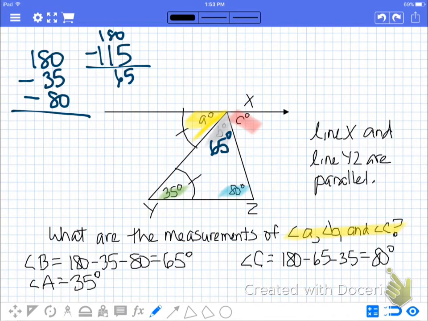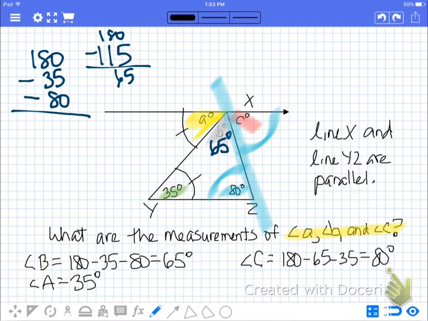Remember that with parallel lines, I can show that different angles are congruent to each other. That means that this angle here is congruent to this angle over there.